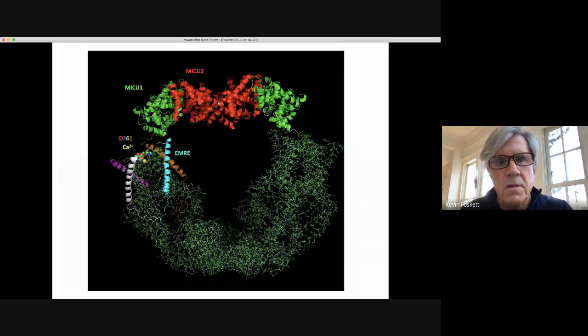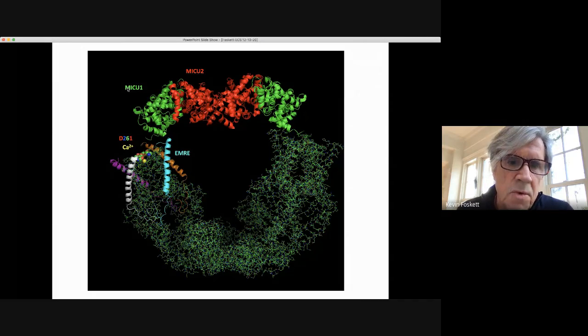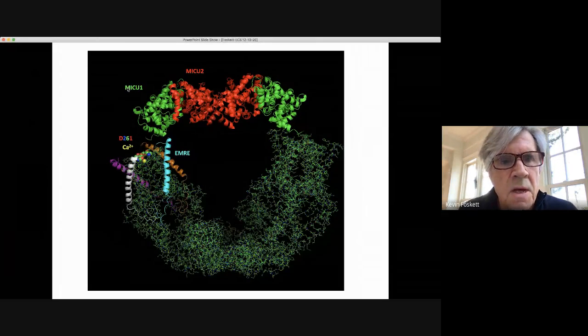Here is the complex. The MICU2s are shown in red, MICU1s are in green. There are 4 EMREs associated with the channel, but only 2 are really participating in the interaction with the MICU1, MICU2 heterodimer when the channel is open.